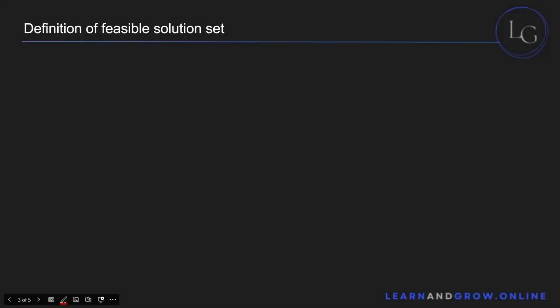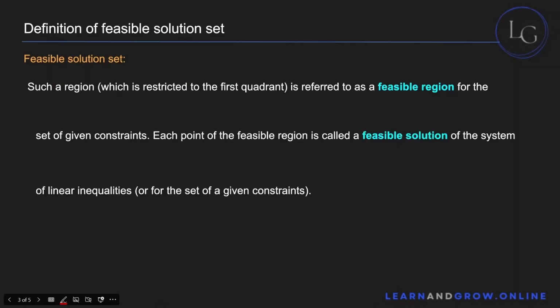Now let's see what a feasible solution set is. A region is referred to as a feasible region if it is restricted to the first quadrant for a set of given restraints as well. Each point of the feasible region is called a feasible solution of the system of linear inequalities.